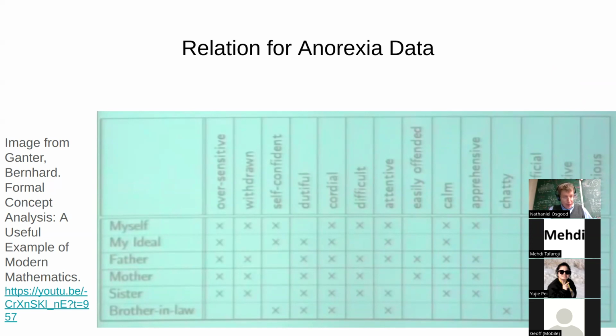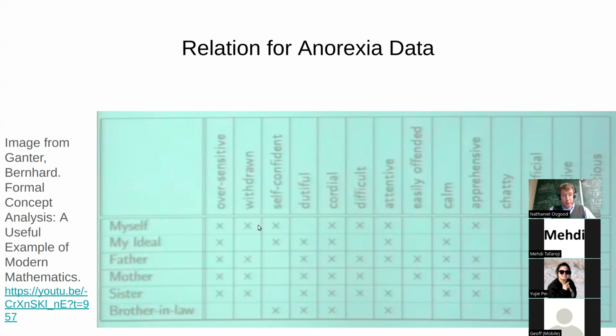This is an example that I found from this outstanding talk by Bernhard Ganter, who's a leading researcher in this area from Wille's group, where Wille worked on it as a mathematician from the 1980s. So here, objects are people, and attributes are clinical characteristics as reported by the person.